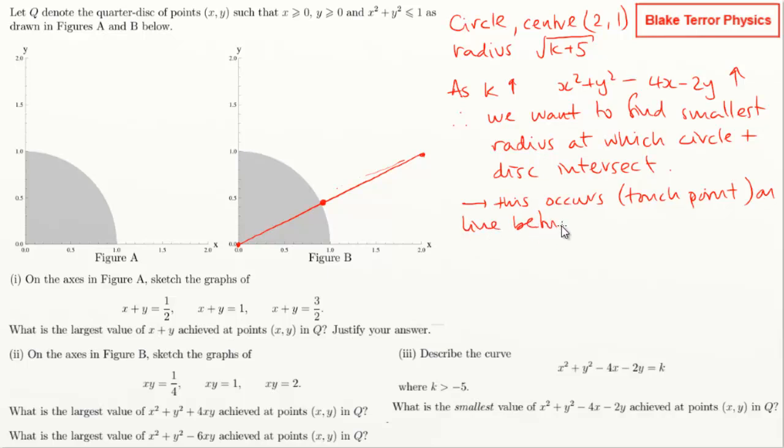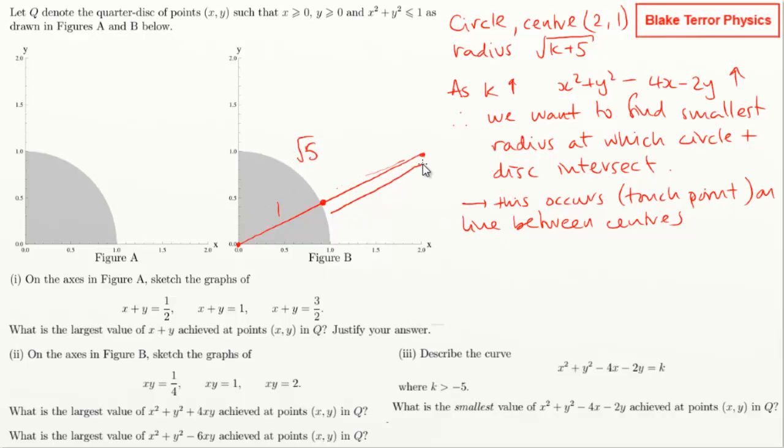Right, so this should be quite straightforward now, I would have thought. We know that that length is 1, that radius there. The distance from the origin of this center is going to be 2 squared plus 1 squared all square rooted, so that's root 5 on the outside.